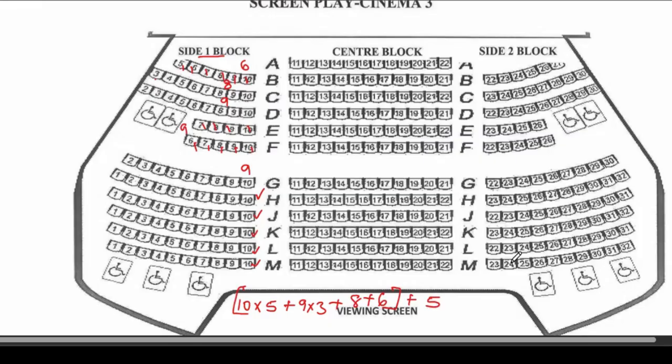Let's add: this is 50 plus 27 plus 14, which is 41. 41 plus 50, you get 91. Plus 5, you have 96.